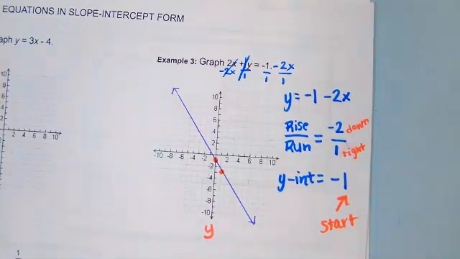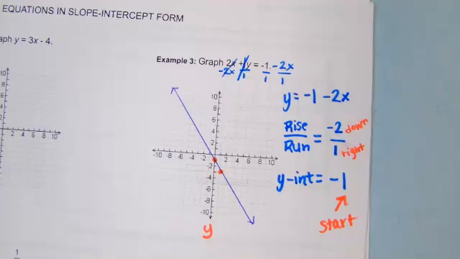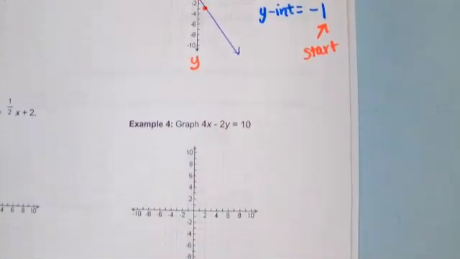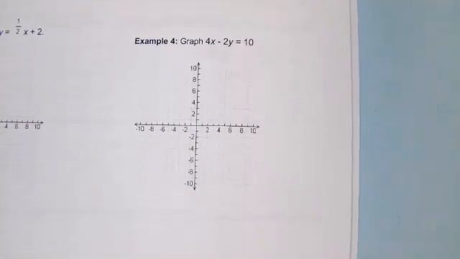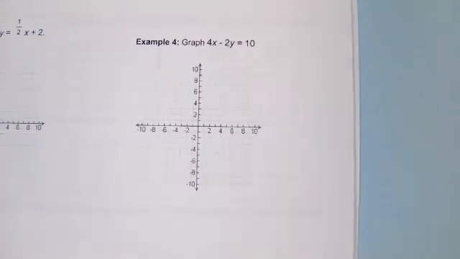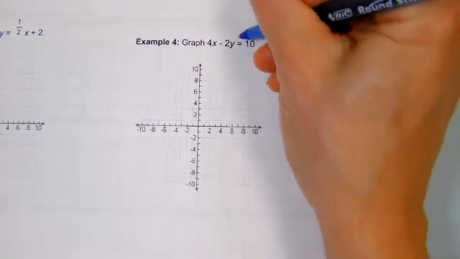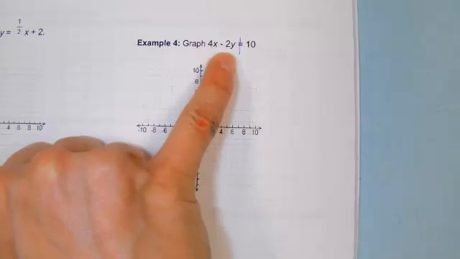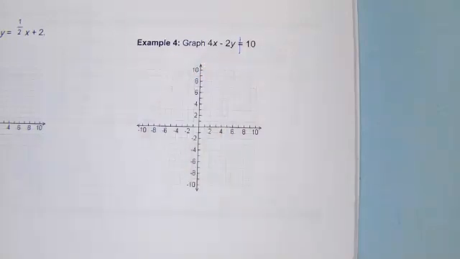Okay, good. One more for notes today. If you slide down, we have example 4 right here. Again, if you look at this equation, y is very clearly not alone. The 10 is all good, but we have to remove the 4x and this 2. Which one do we remove first? The 4x.